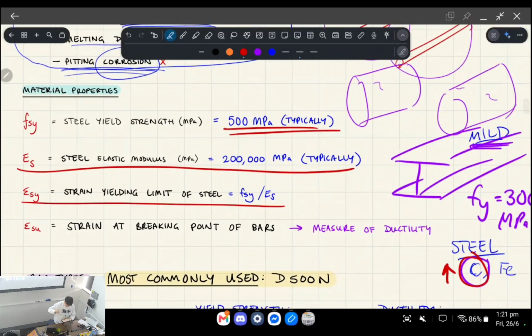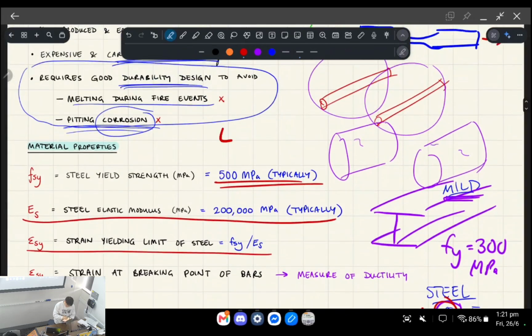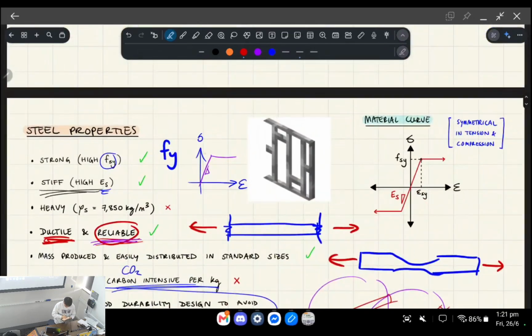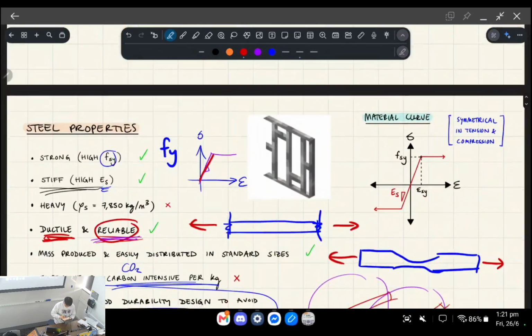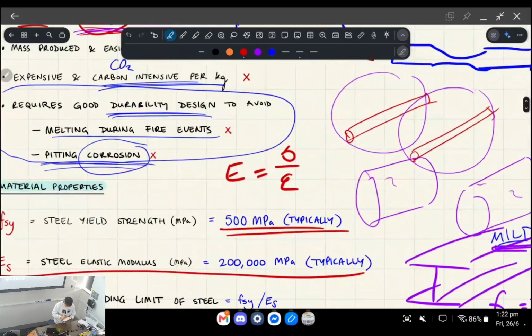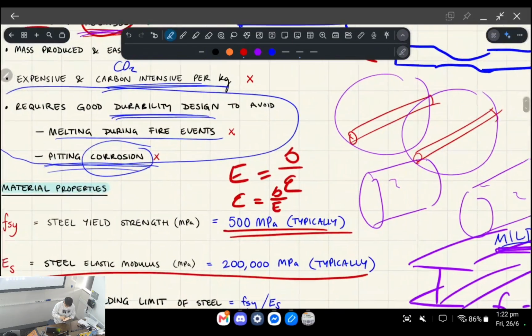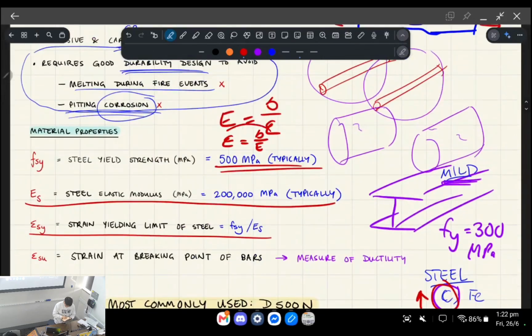Okay, the strain yielding limit of steel. If you think about the formula for elastic modulus, you're thinking about the slope in the material curve, the rise over run of stress over strain. If you rearrange this equation for strain, essentially you get stress over elastic modulus.